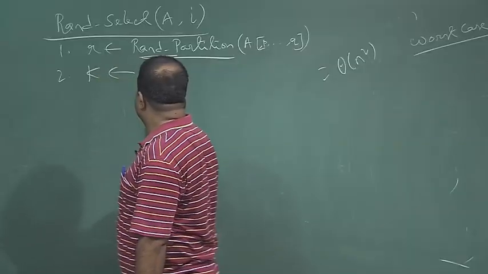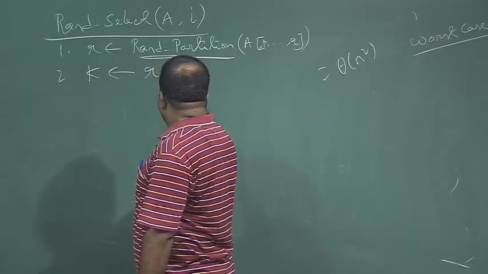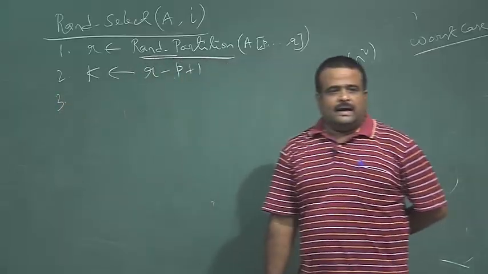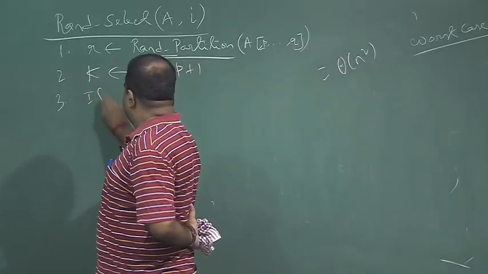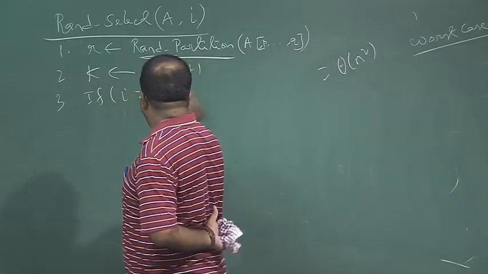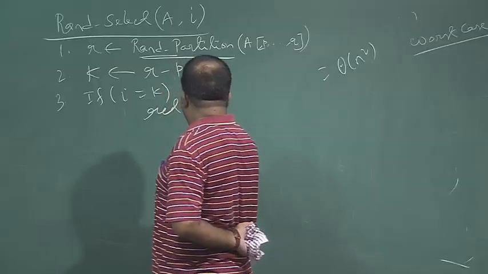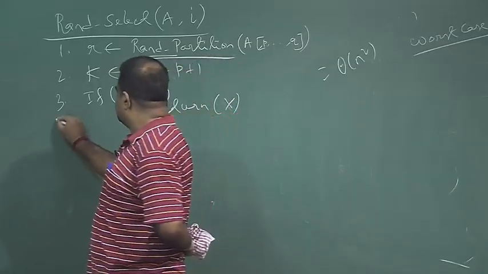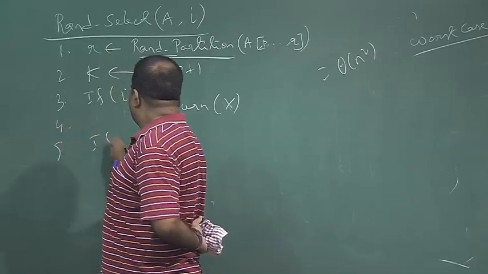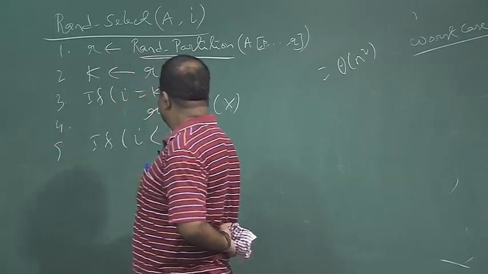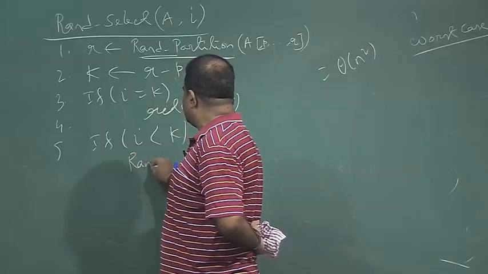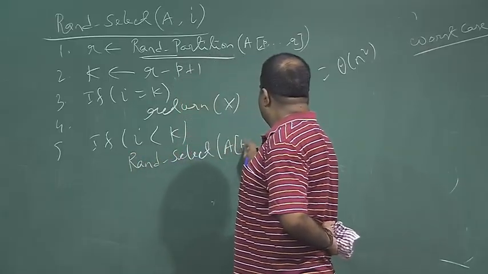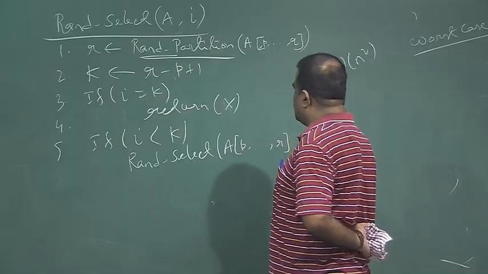k is the rank. So, k is equal to r minus p plus 1, and then if i is equal to k, then the remaining part is the same. We return x. Otherwise, if i is less than k, then we call this randomized select again on a, p, r, i.